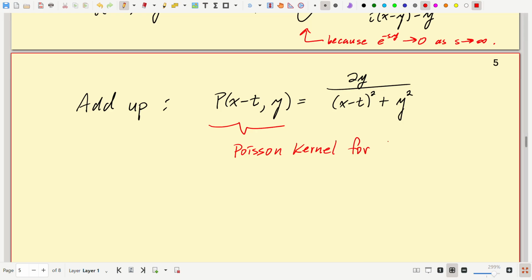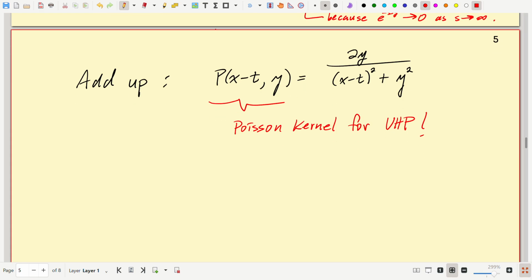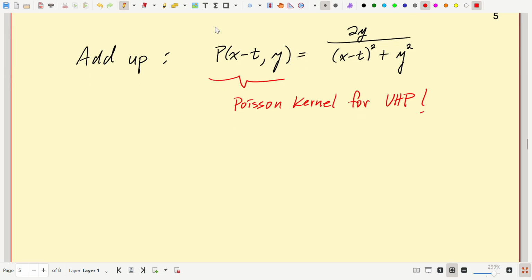Now that we found it using Fourier transform, forget how you found it. And now we're going to show that it works. I'm not going to go through all the gory details. They're not gory. I should say I'm not going to go through all the beautiful details.